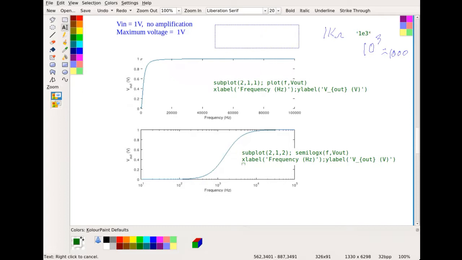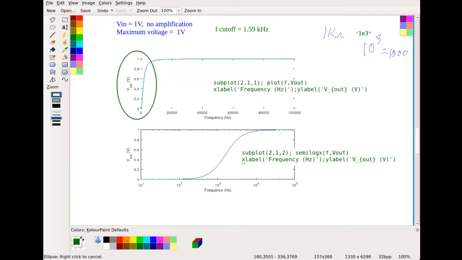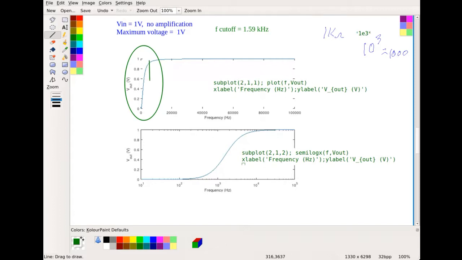Our cutoff frequency we calculated was 1.59 kilohertz, right? So this 1.59, where is that? Well, if we look over here, that's right here somewhere.